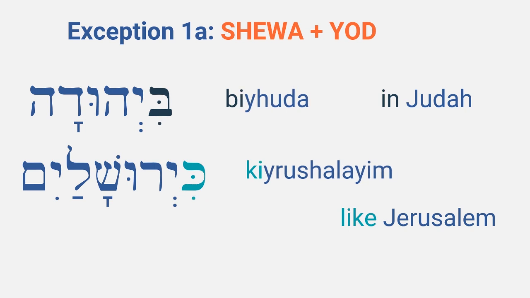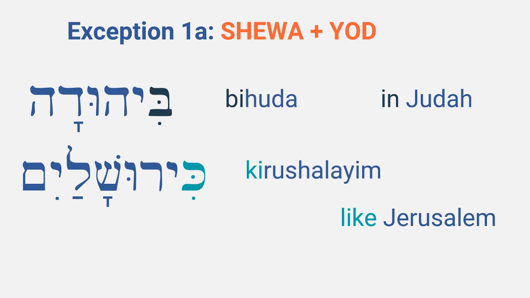But now there is a third step, and that is that the shewa under the yod becomes somewhat useless and is taken away, since you might as well take the hirek and the yod and make them into a long e sound, which in transcription then leads to the yod disappearing. And so you end up with Bihuda and Kirushalayim.